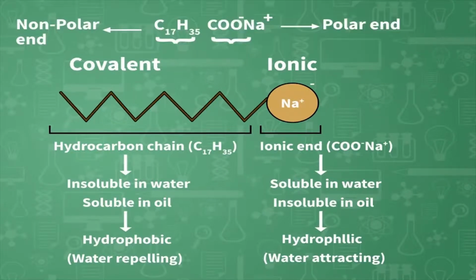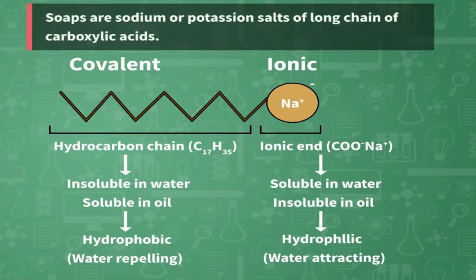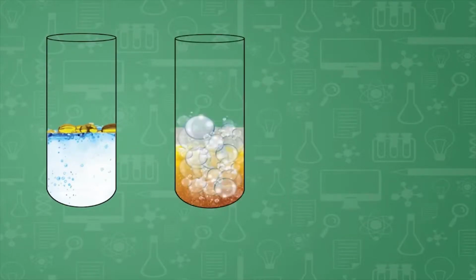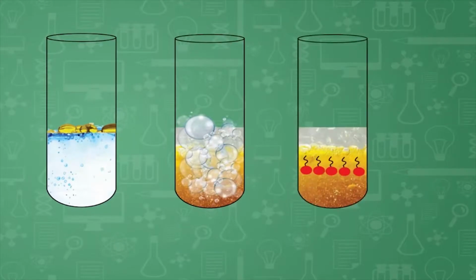Let's move ahead and study the cleaning action of the soap. Before that, let us consider a mixture of oil and water. Will both oil and water mix with each other? No. But if you put soap in this mixture, the oil and water start mixing with each other.